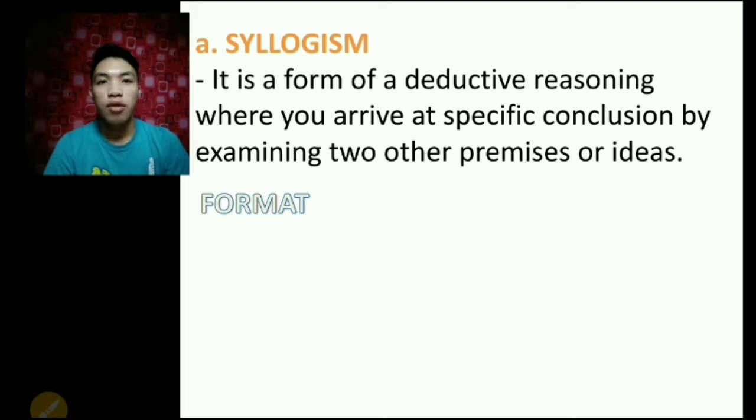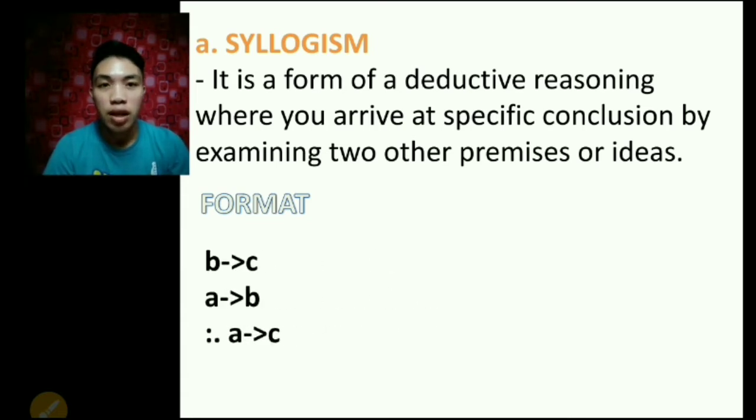The format is: B implies C, A implies B, and the third sentence, which is our conclusion, is A implies C. So if our reasoning follows this format, it is an indication that all the statements are in deductive reasoning.